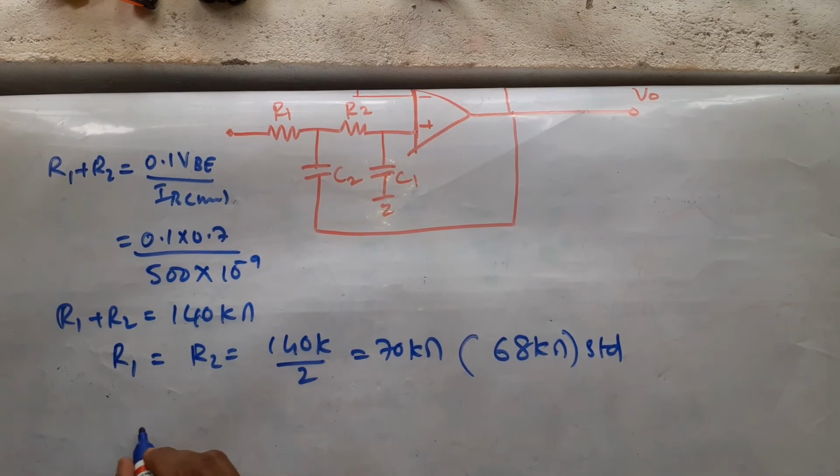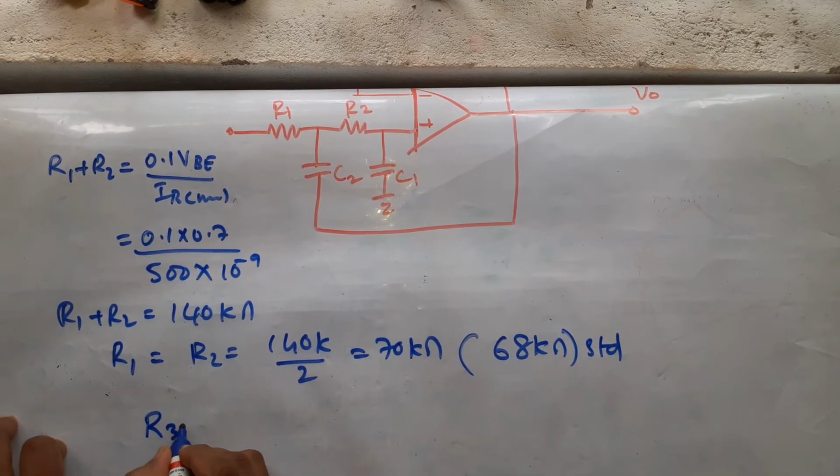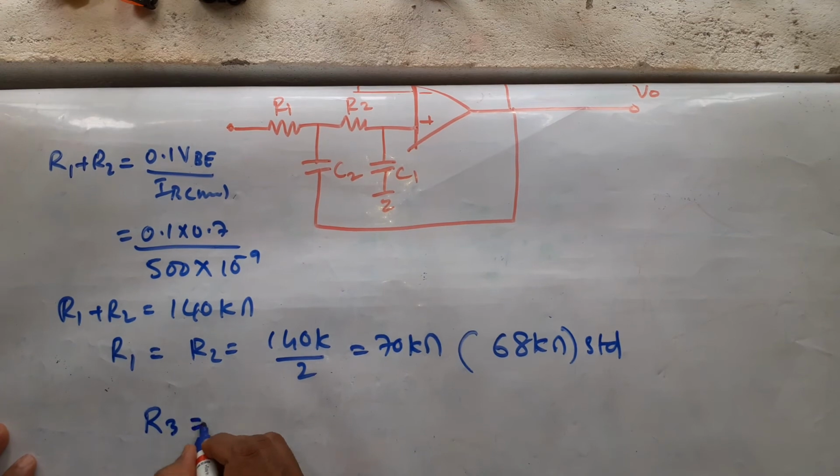Now what should be the value for R3? R3 is R1 plus R2, isn't it?